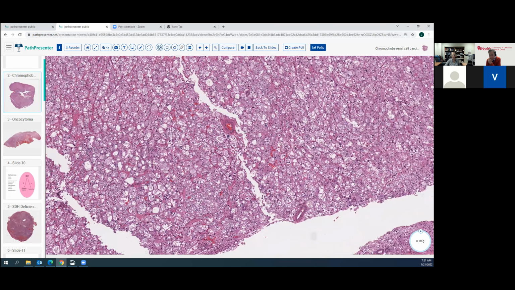I go into the slide library, high yield cases. This is where I'm borrowing these cases from, renal pathology. So we want this one, fumarate hydratase deficient RCC. These are excellent resources for you all if you have access to them.